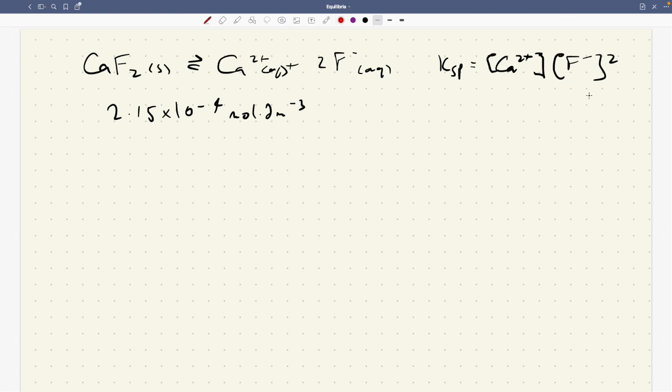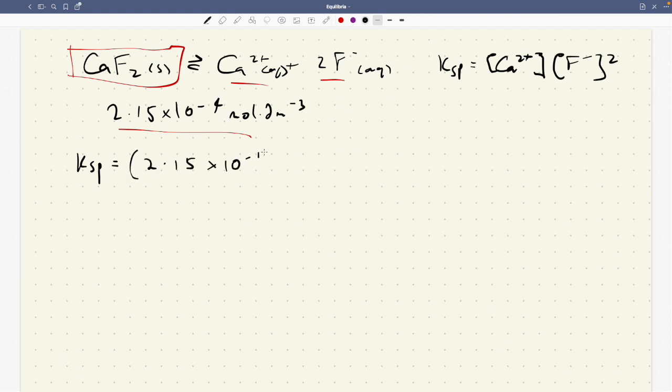If we have a solubility of that value there, the concentration of our calcium ions is just going to be that 1-to-1 mole ratio, because for every one of those we have one of those, whereas our stoichiometry for a fluoride is going to be a 1-to-2. So we're going to have 2 times that value for the fluoride. So we can just go ahead and plug these values in, which I might move down here. Our KSP, like I said, our concentration of the calcium ions is just going to be equal to that value there.